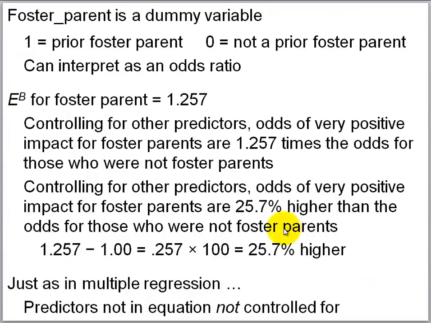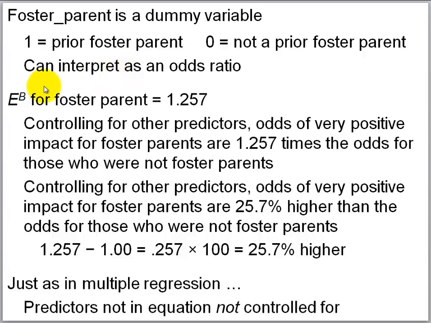Now, foster parent is coded as a dummy variable. So where adoptive parents were prior foster parents, this variable is coded as 1. Where this is not the case, the code is 0. Because foster parent is dummy variable coded, we can interpret the EB coefficient, the exponentiated coefficient, as an odds ratio.